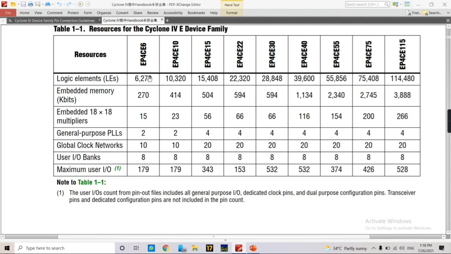Maximum user input output: these are the inputs and outputs the user can input from outside the board, 180 up to 500 at the very maximum.